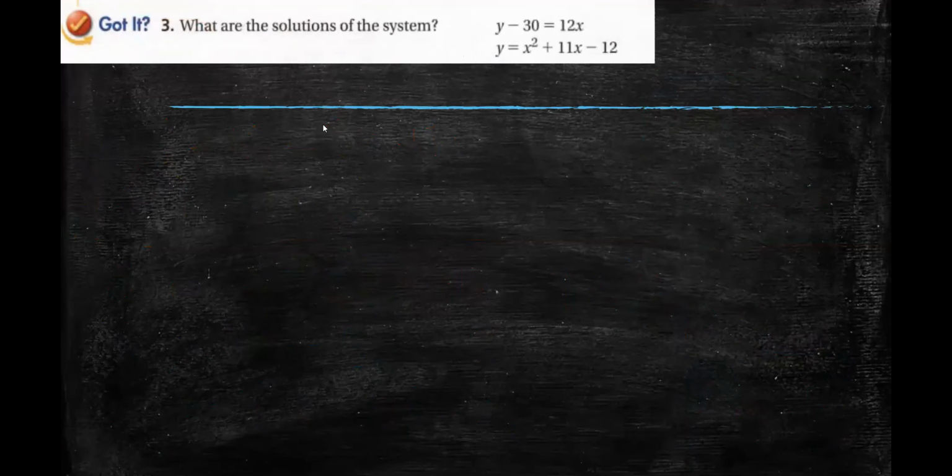What are the solutions of the system? y minus 30 equal 12x, and y equal x squared plus 11x minus 2.